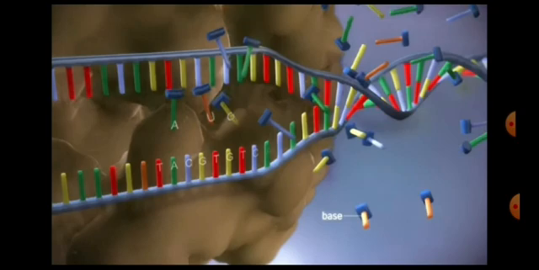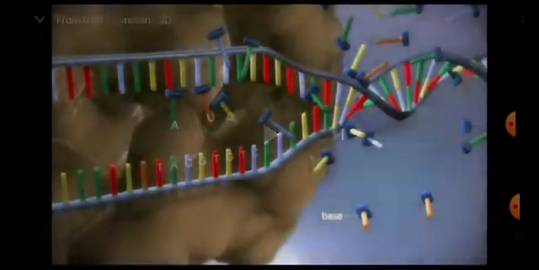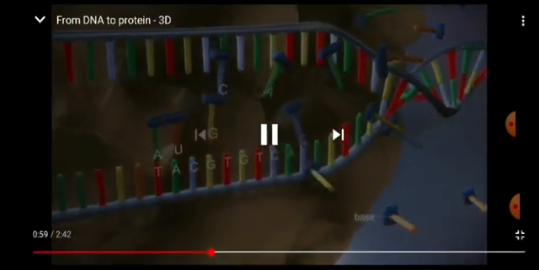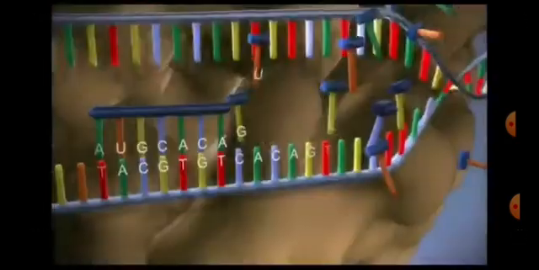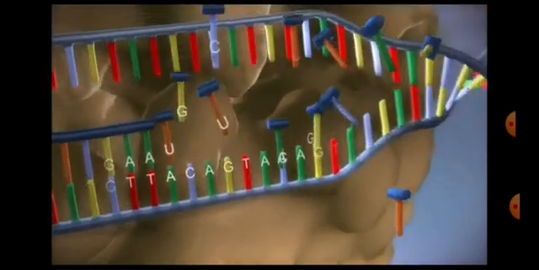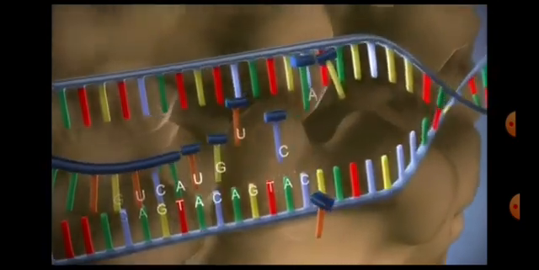The new strand which is being synthesized here is the mRNA strand, synthesized by RNA polymerase. You can see the nitrogenous bases which are being added are adenine, uracil, guanine and cytosine. These nitrogenous bases are added for the synthesis of mRNA. So this is the synthesis of mRNA.